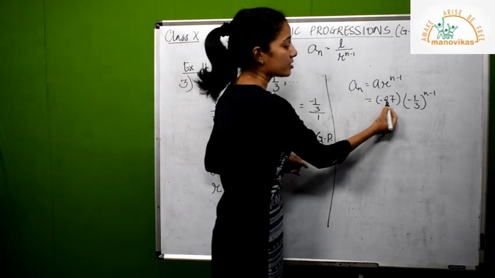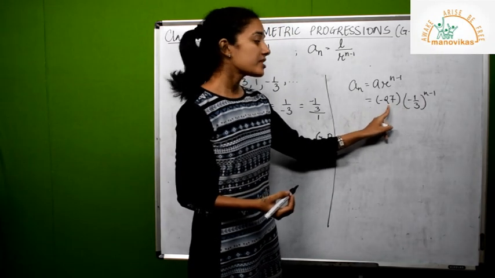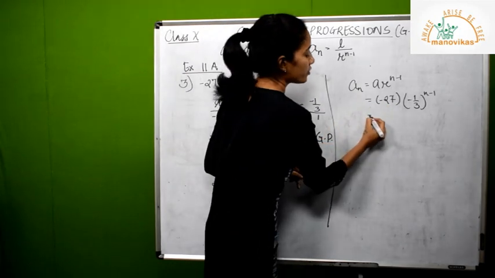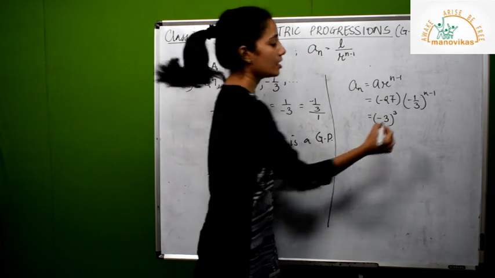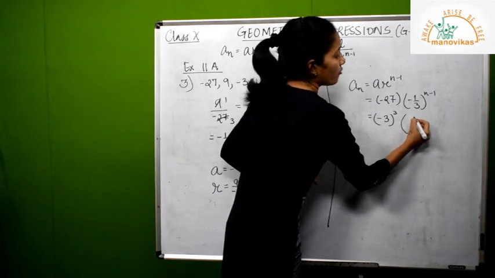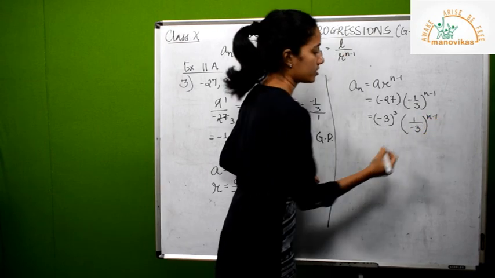Now in this case you see that 27 is a multiple of 3, so you reduce 27 in terms of 3, which would be negative 3 the whole cube, and this will be 1 upon minus 3 the whole raised to n minus 1.